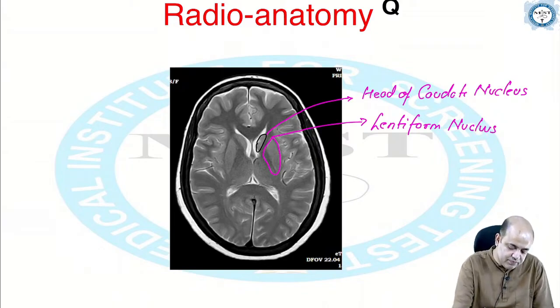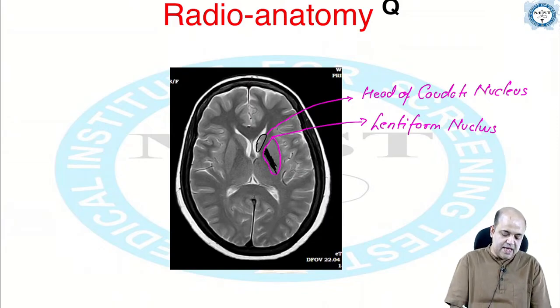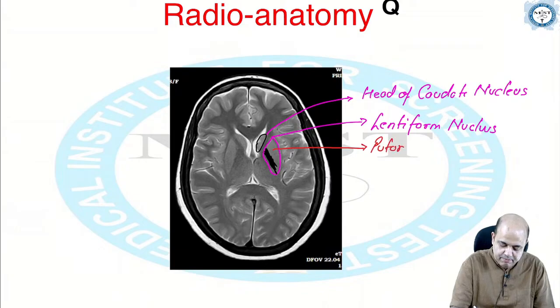Lentiform nucleus has two parts, globus pallidus and the putamen. Putamen, P is for peripheral. This is the globus pallidus.